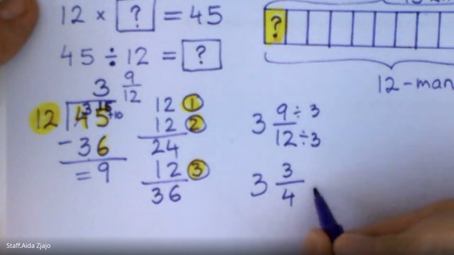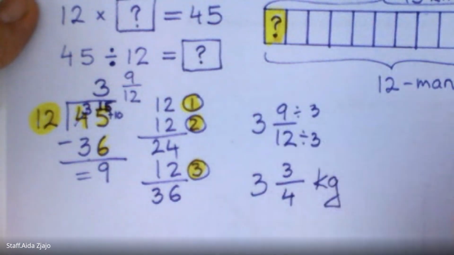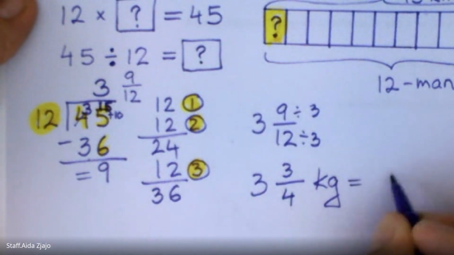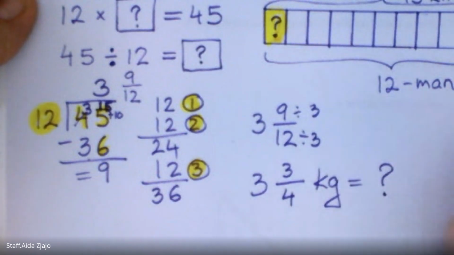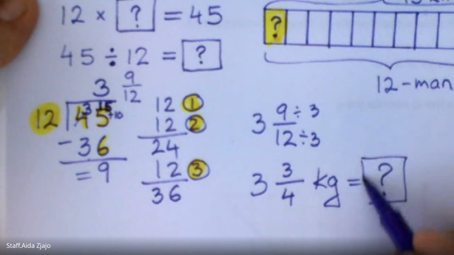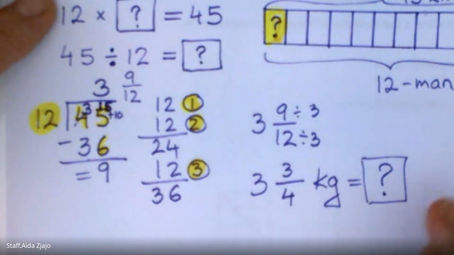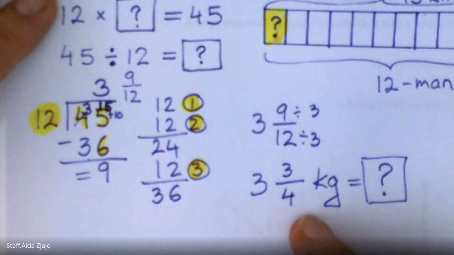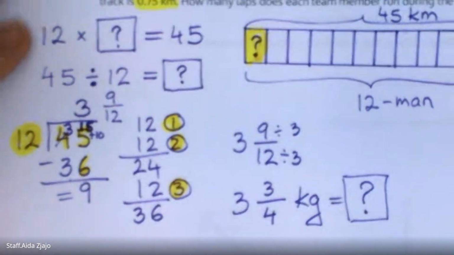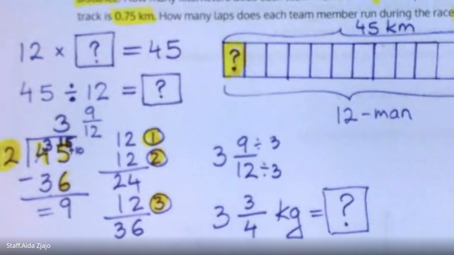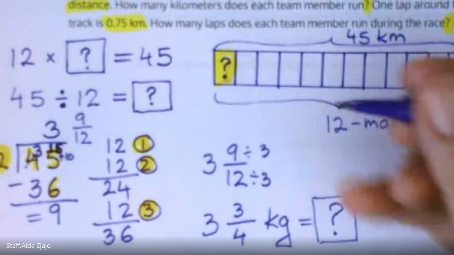So the final answer, our question mark, is 3 whole kilometers and 3/4 of the next kilometer that each friend ran, each man ran. So that's how we got our answer.